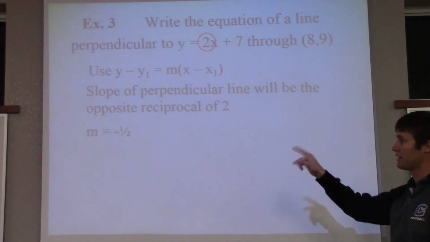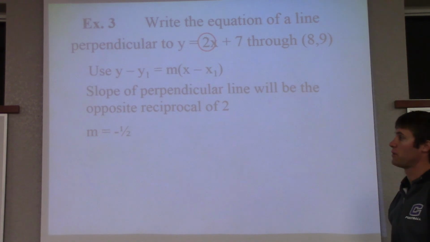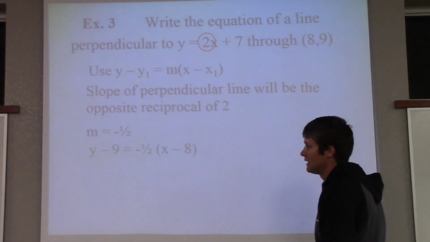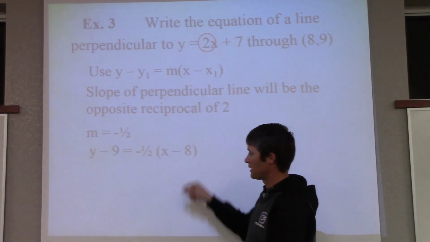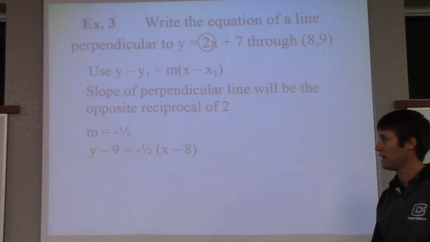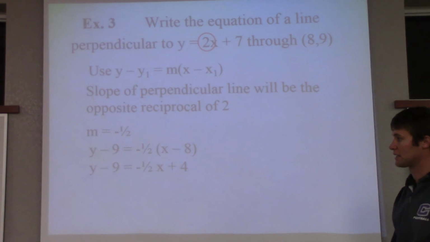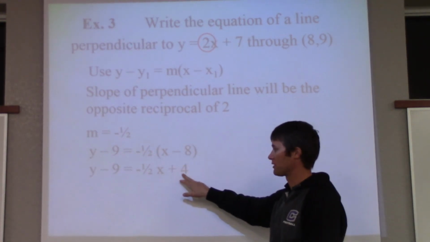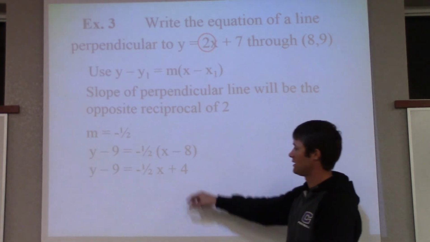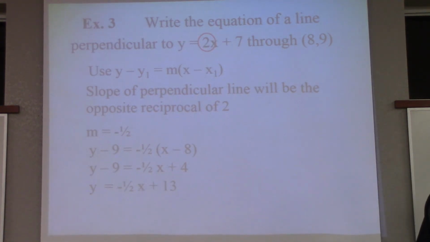So we plug in that slope with the point: y minus 9 equals negative 1/2 times (x minus 8). Distribute the negative 1/2 through. Negative 1/2 times x is negative 1/2 x. Negative 1/2 times negative 8 makes it positive 4. Add the 9, which gives you 13. So that's how we write perpendicular lines.